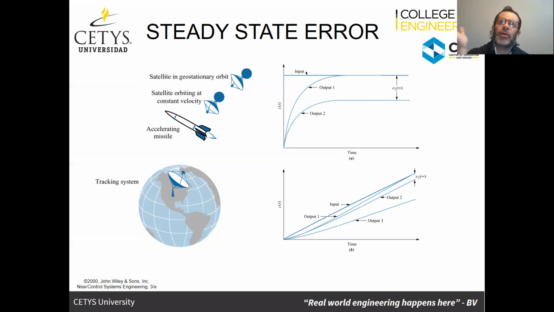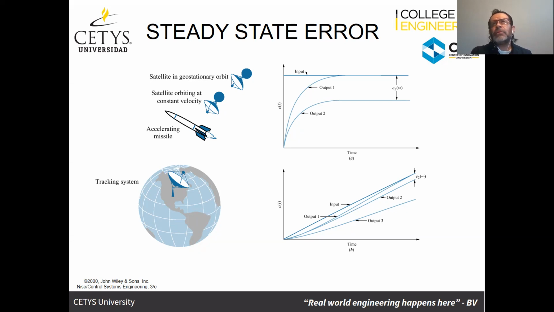If I make the antenna go to 30 degrees, what type of input am I talking about? Well, I'm talking about a step input because I'm telling the antenna to go to a certain position, meaning I'm located here and then there's an object over there. And so the antenna is going to move to point at that object. It is a constant position that I'm trying to reach. The set point is a constant position.